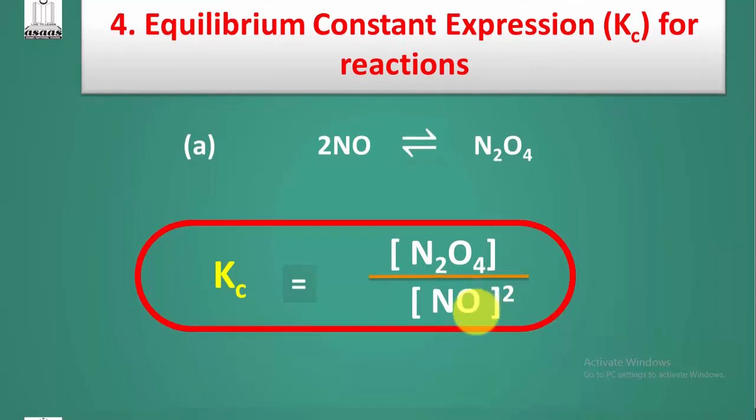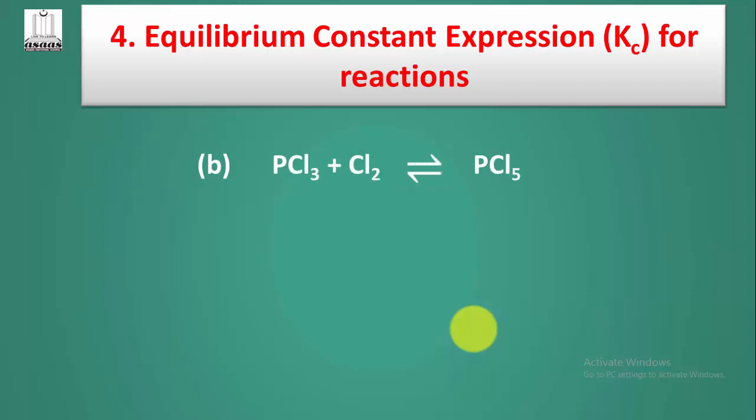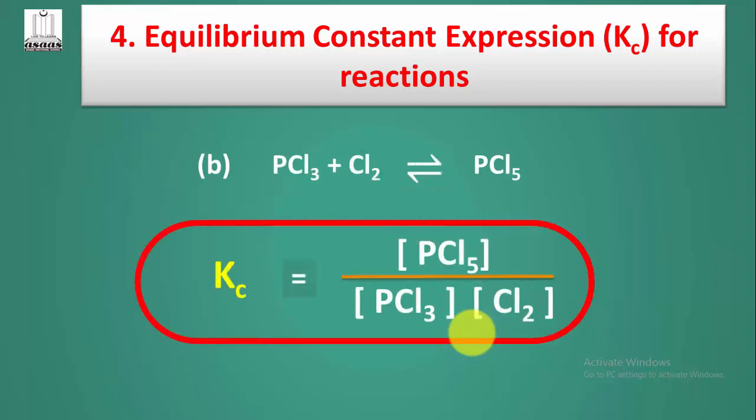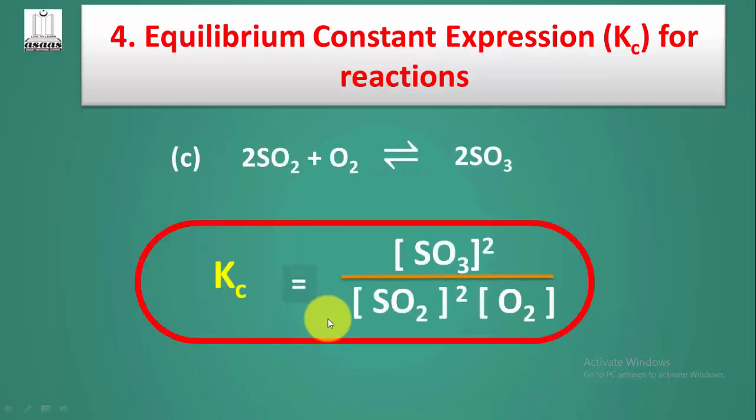in reaction number 2, PCl3 plus Cl2 is equal to PCl5. So PCl5 is in numerator, that is product, and reactants PCl3 and Cl2 are in denominator. And the third one is 2SO2 plus O2 is equal to 2SO3, in which Kc is equal to SO3 raised to the power 2 over SO2 raised to the power 2 multiplied by O2.